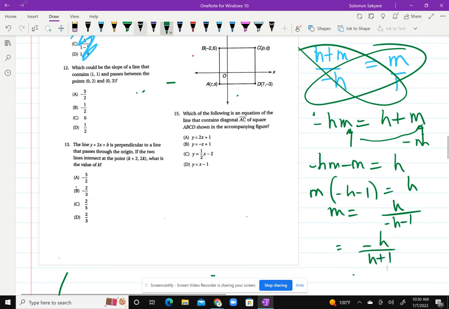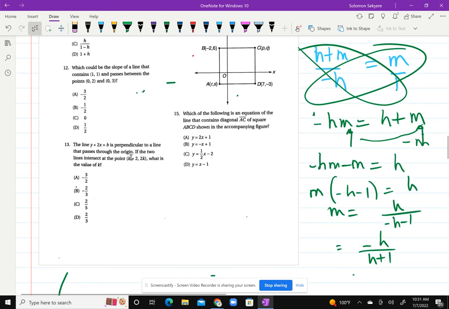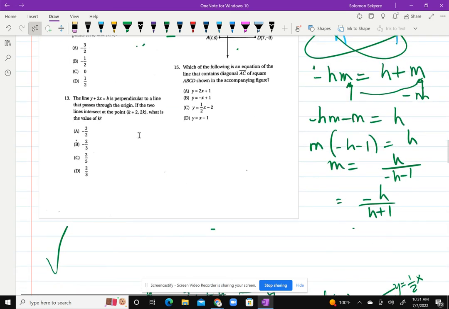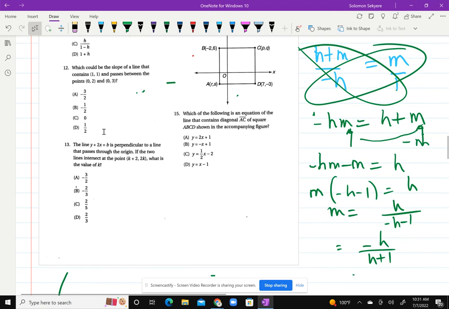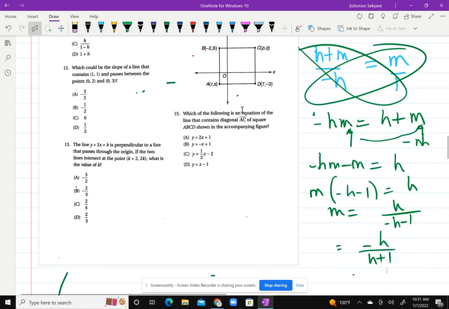I just move the negative up. Cool. What's another way of writing it? Now look at your answer choices. So it will be B. B is the right answer.